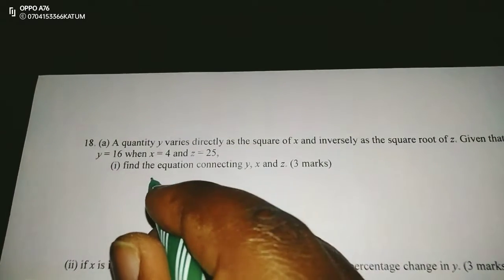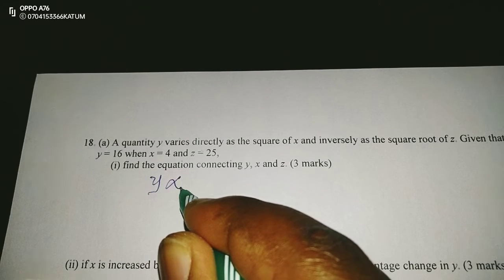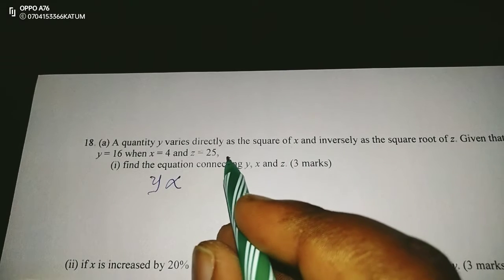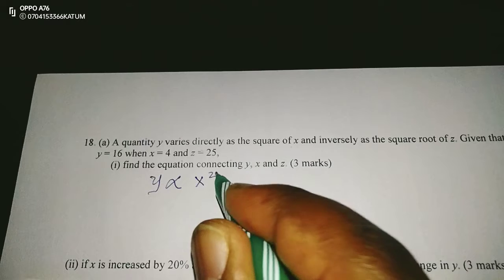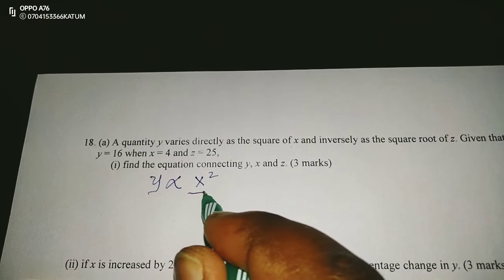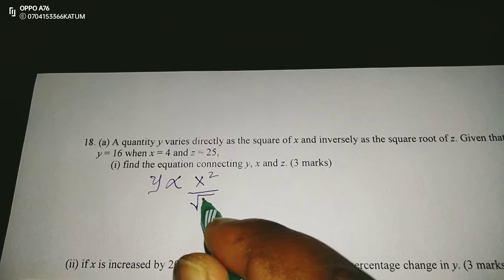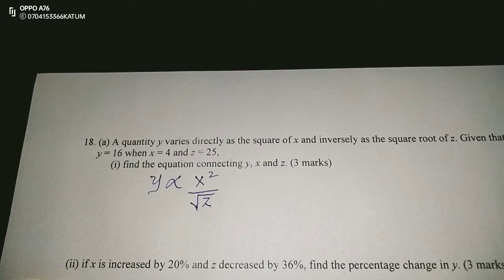So the quantity y varies directly as the square of x. That means as the square of x, and inversely, that means divided by the square root of z. So that is the general equation.